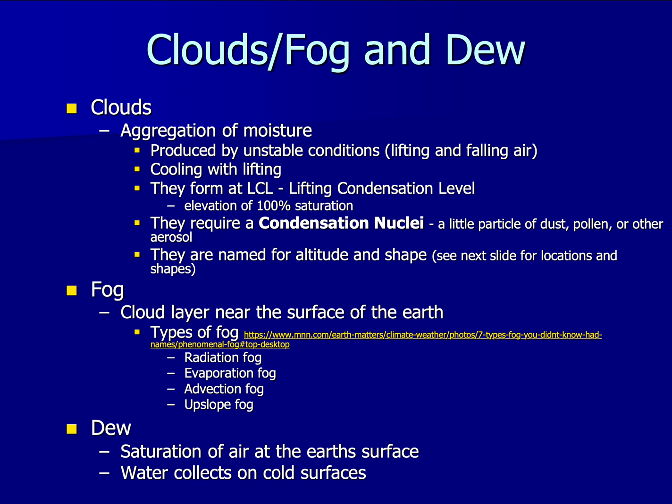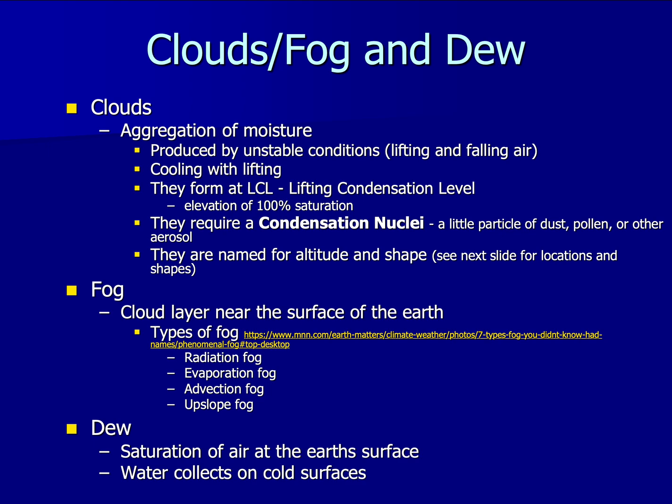Fog is a special cloud. Fog is just a cloud where the lifting condensation level is very close to the surface of the earth. Fog can occur in a number of ways.